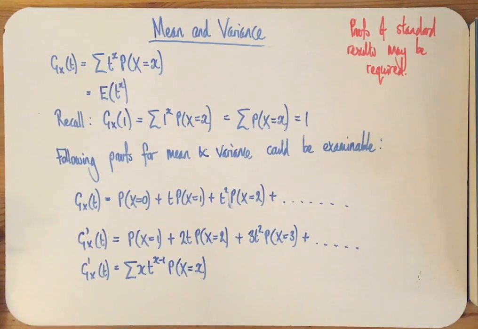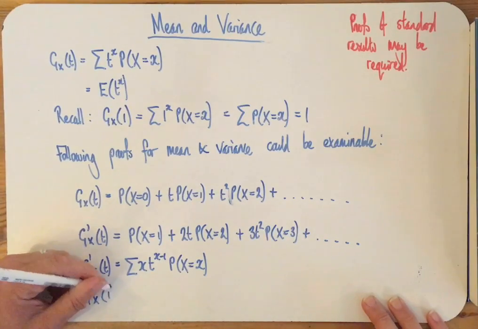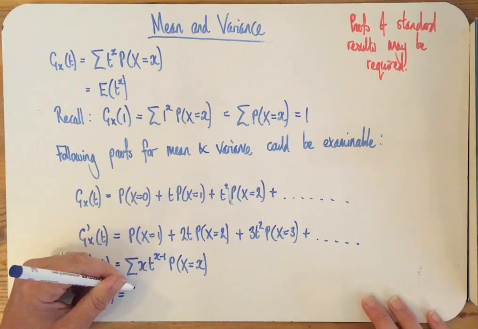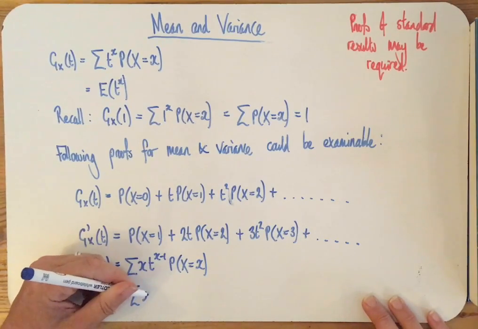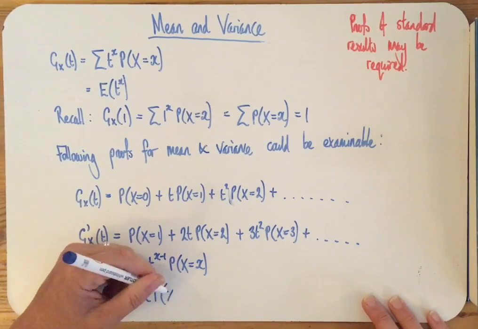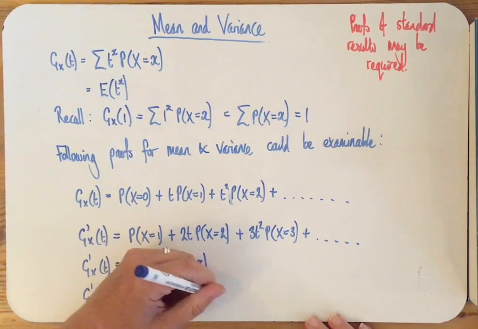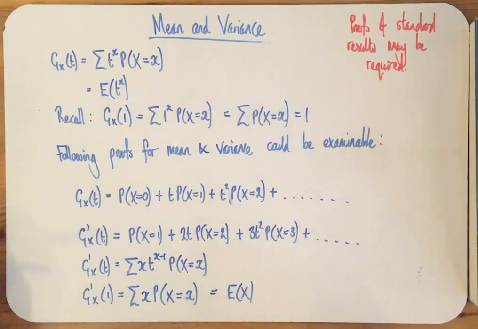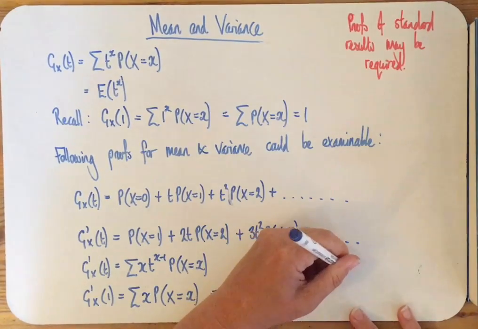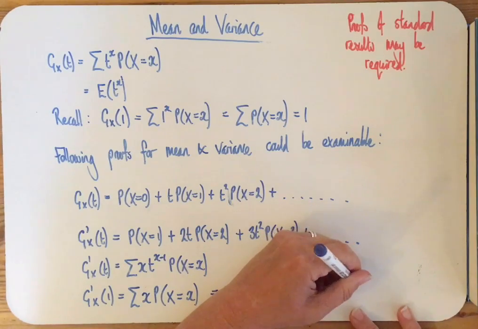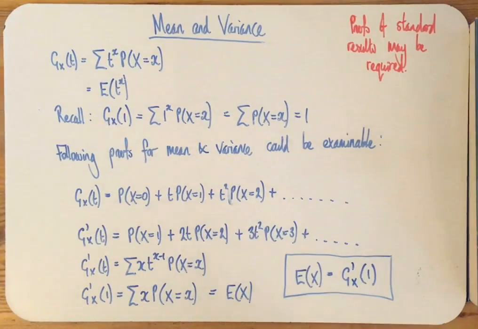And if I feed 1 through there, so I'm letting t equal 1, then because 1 to any power is going to be 1, that gives you the sum of x times the probability that X equals x, and that is equal to the expectation of X. So your first result is that the expectation of X is equal to the probability generating function differentiated with respect to t with 1 fed through it.